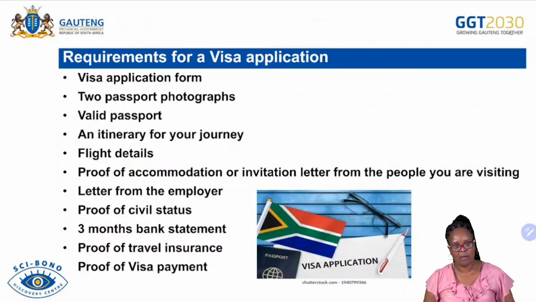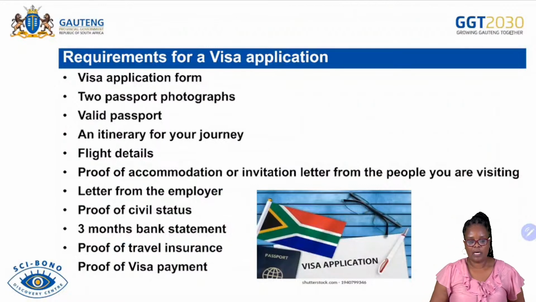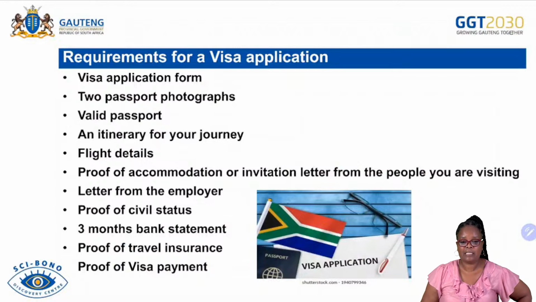I hope you still remember what is an itinerary, a day-by-day plan. That's what they need to see from you. Because they cannot allow you just to go and roam the streets there without any idea of what you will be doing there. So they need evidence of your itinerary.